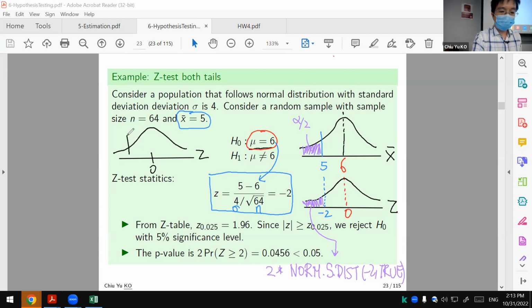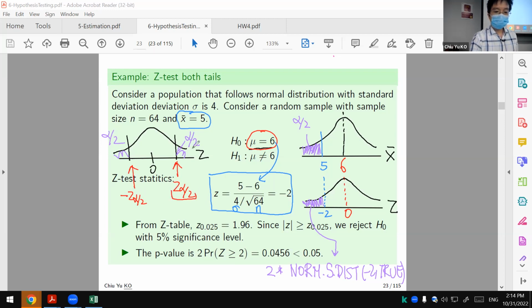This is alpha over 2 and this is alpha over 2, the same as the confidence interval. We look at these two numbers: Z alpha over 2, and this one is negative Z alpha over 2. So how do we find these?